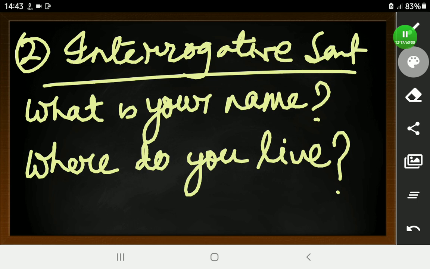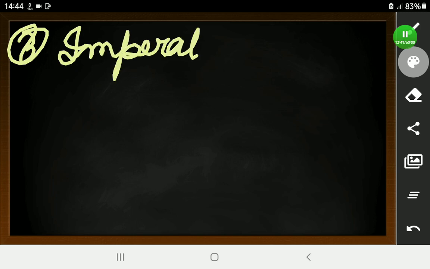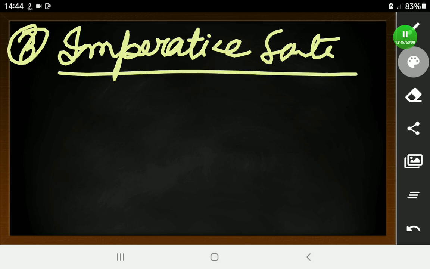Interrogative sentence and exclamatory sentence are the easiest ones, because you find a question mark at the end of the interrogative sentence and an exclamation mark at the end of an exclamatory sentence. So now number 3, it was imperative sentence. Now giving an example of an imperative sentence.